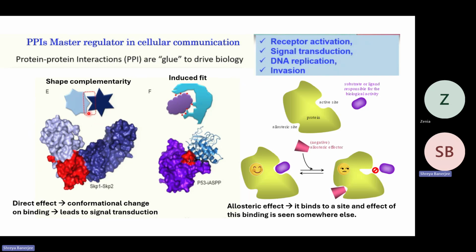One is a direct fit, where one protein exactly has to fit into the groove of the other protein. It is also called the lock and key model. Another model is the induced fit model, where the protein does not directly fit into the groove, but eventually the groove adjusts its shape to properly accommodate the protein.